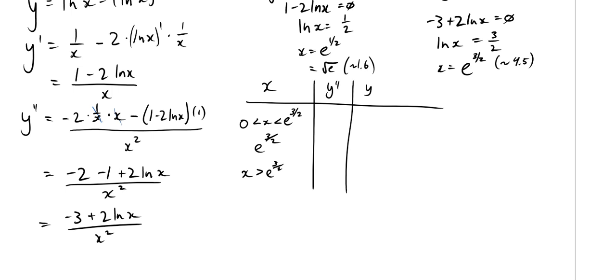Now I got to put something in this interval here from 0 to e to the 3/2, which is 4.5, so I can pick 1. Oh, it did mess up my memory, so I got to type the whole thing in again. All right. Bracket -3 plus 2 ln a, bracket, divided by a squared equals, I got -3, so I got negative.